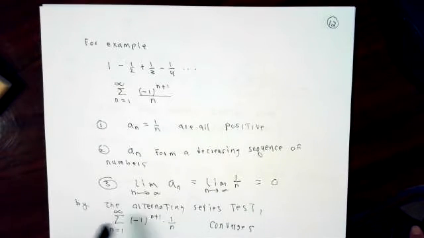And this series, the alternating series version of the harmonic series, does not diverge, it converges instead. Now, at the moment, we have no clue what that converges to, but it converges to something.